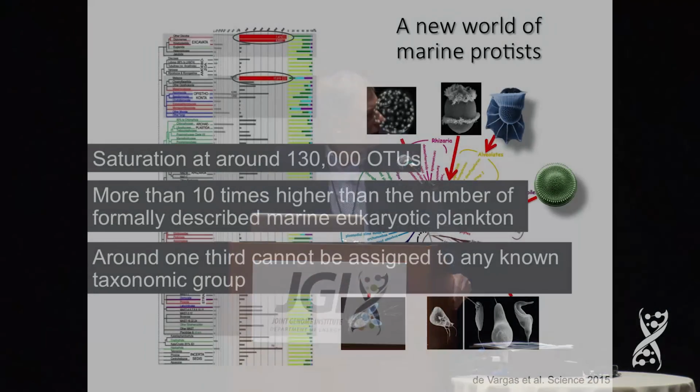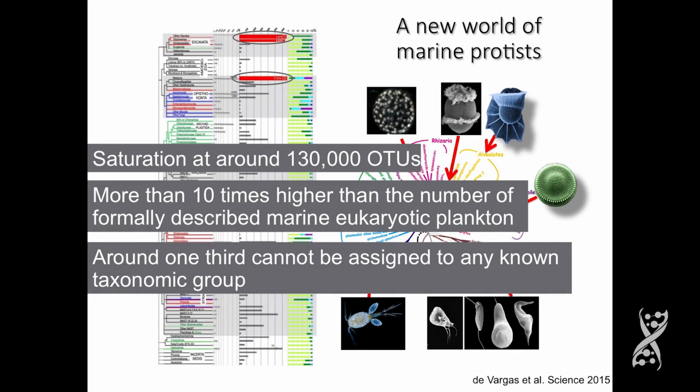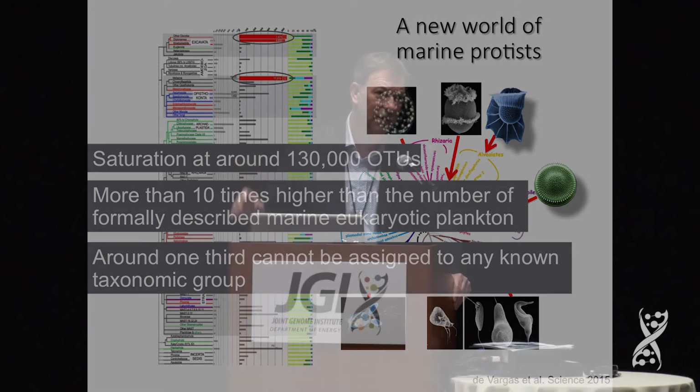That represents pretty much everything that is there, at least in the top 100 meters or so of the global ocean. So this is more than 10 times higher than the number of formally described marine eukaryotic plankton. So 90% of these are new, and about a third of them cannot even be assigned to any known taxonomic group. So we cannot even put them on the eukaryotic tree of life.